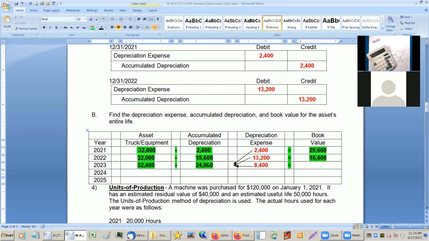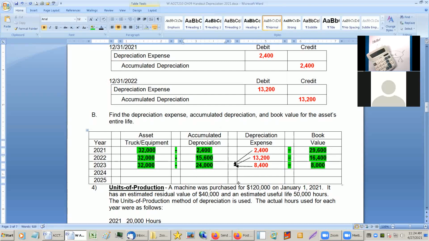And the book value. Okay. The book value is 8,000. And again, that is this.